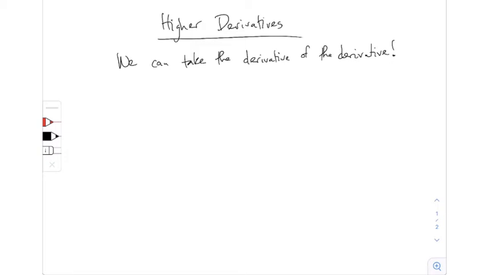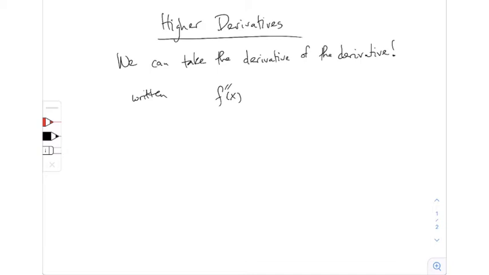That other function you get is referred to as the second derivative, and it's written like this. The derivative of the derivative is f with two primes, and we call this f double prime. I don't know why nobody says prime prime. It's always called double prime.